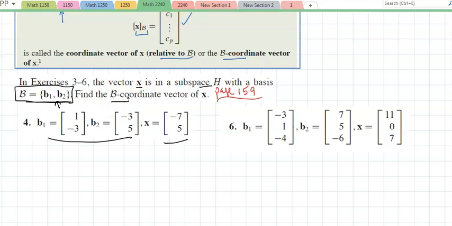Find the B-coordinate. Well, it's simple. You multiply this times C1 plus C2 and set it equal to that. By now we are hopefully this comfortable.